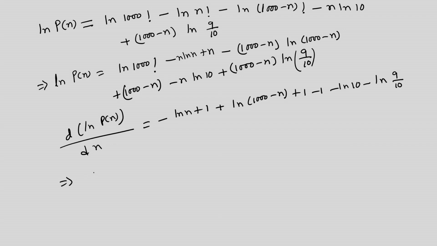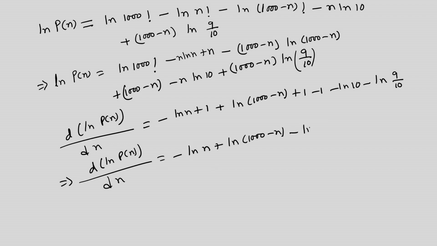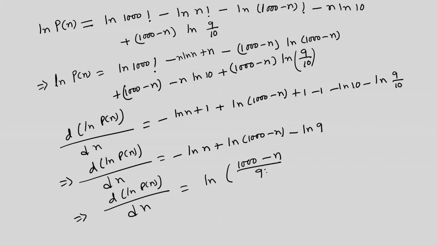So, we get d ln Pn by dn equals to minus ln n plus ln 1000 minus n minus ln 9, or if we simplify further, we get d ln Pn by dn equals to ln (1000 minus n) by 9n.